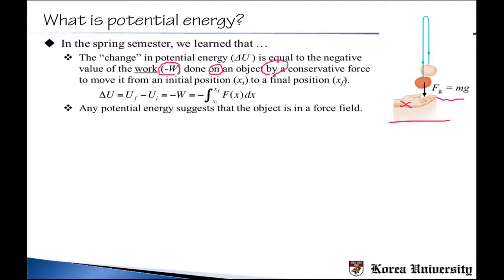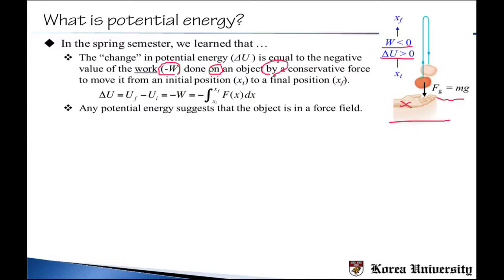So for example, when this tomato is going up, you see that it's moving in the opposite direction with respect to the gravitational force. Therefore the work done is negative. So if we put another minus, the potential energy becomes positive, larger than 0.